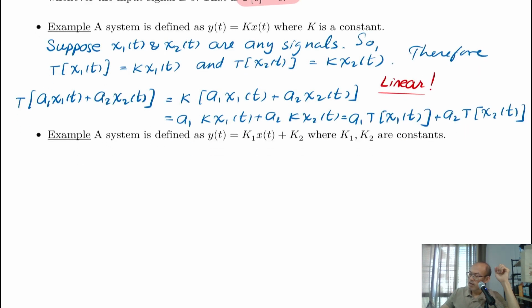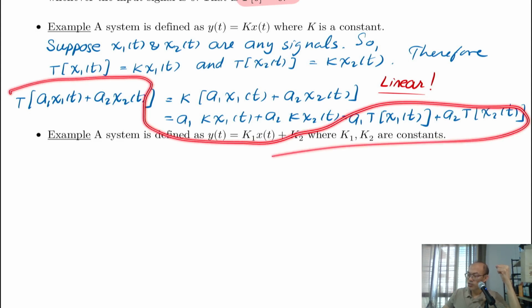Okay, now another example is this. Now we're going to show that this system is not linear. To show that a system is not linear, we may give a counterexample to show that there exists a situation where this equation is not true.